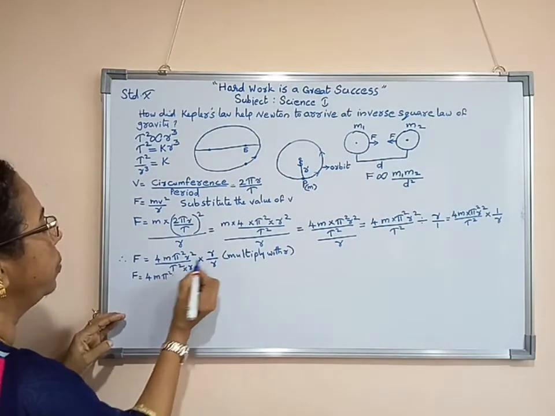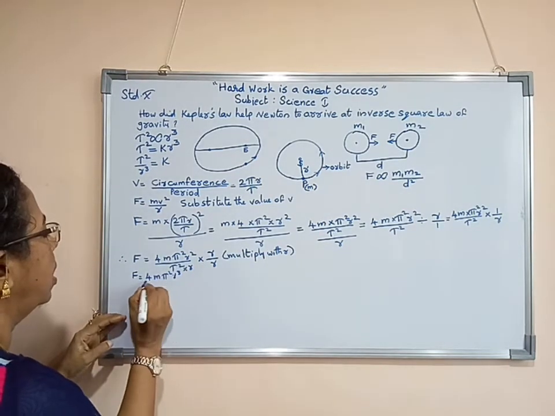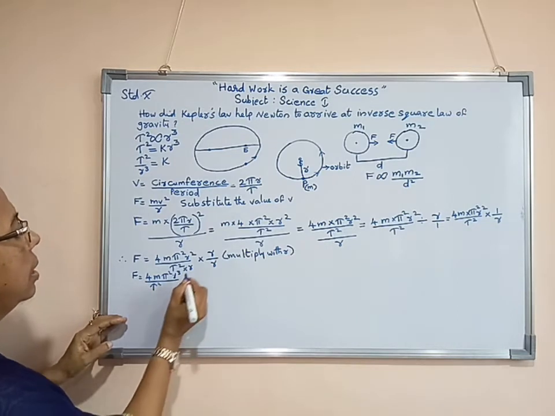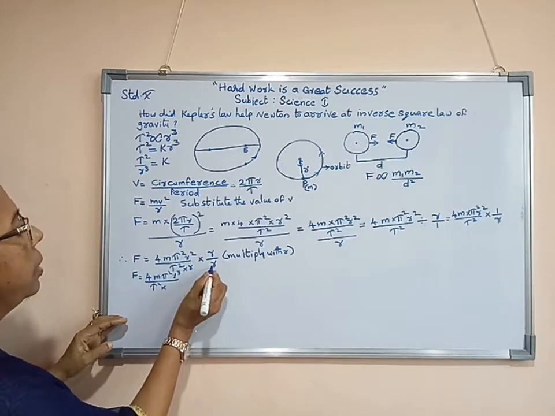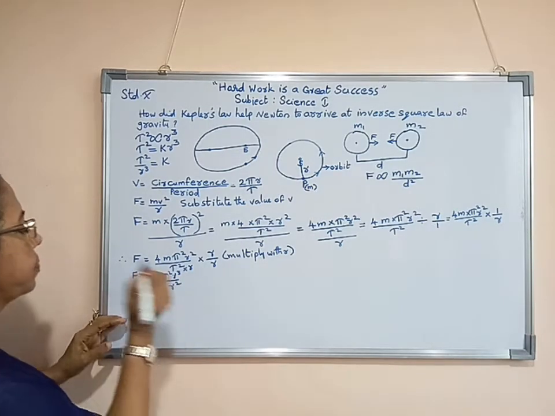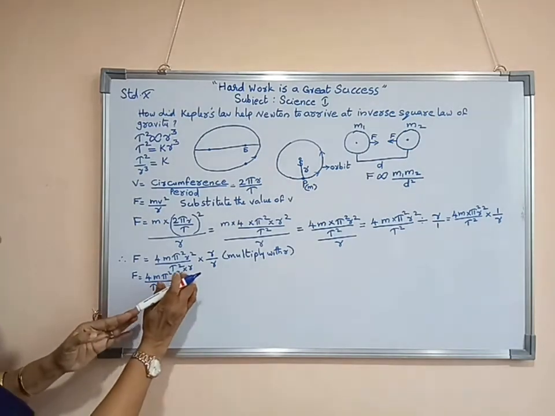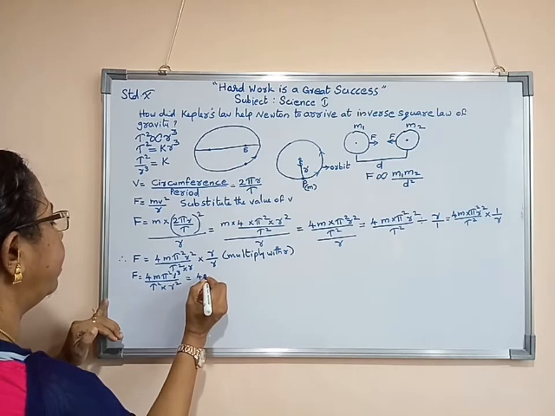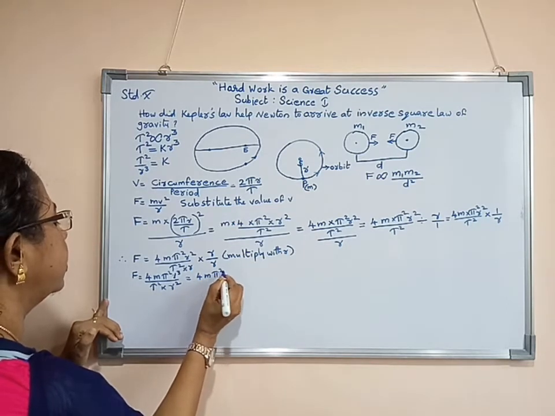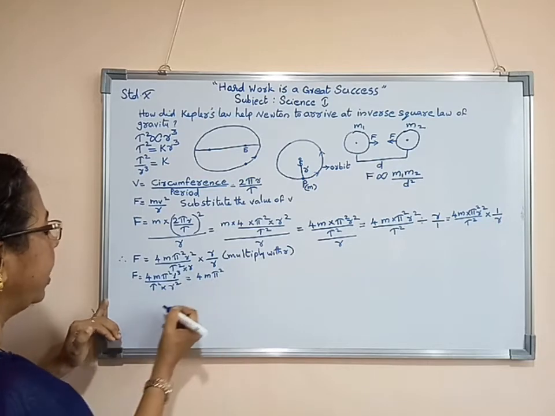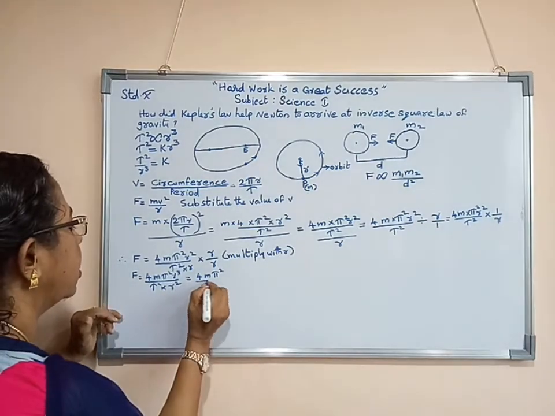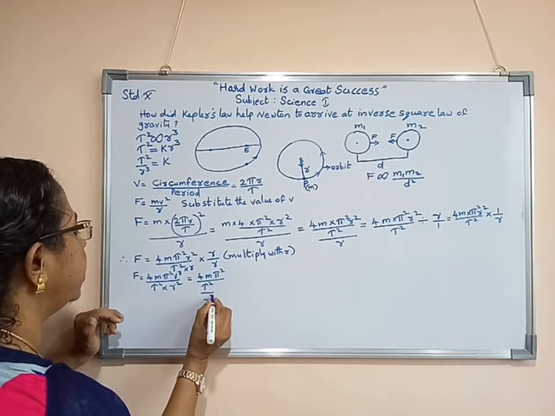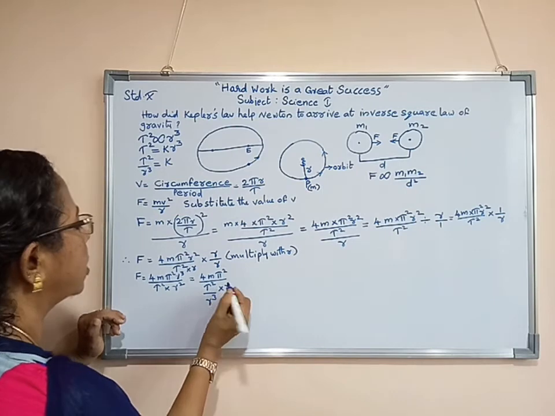R square into r cube upon t square, then into r square. Now this r cube I am bringing down. So here, 4m pi square, then r cube I am bringing down to t square, so t square upon r cube, then into r square.